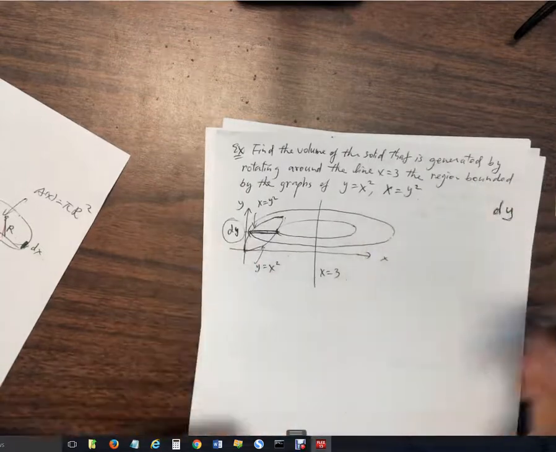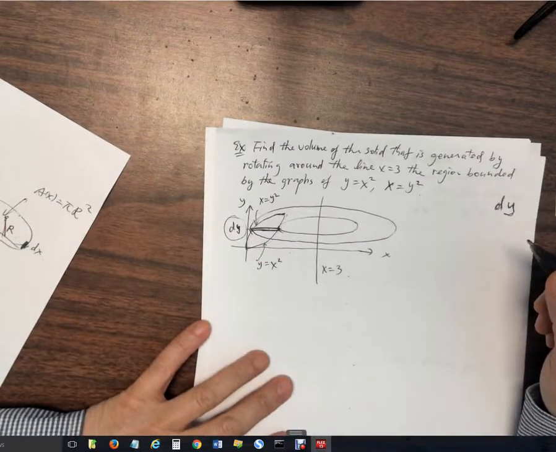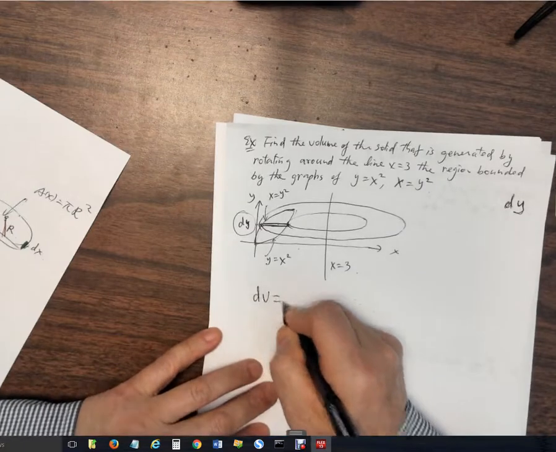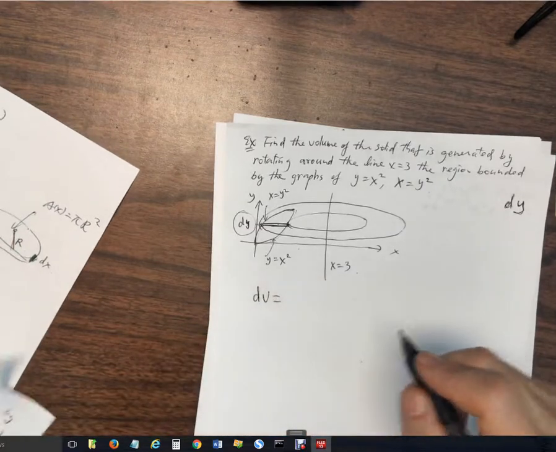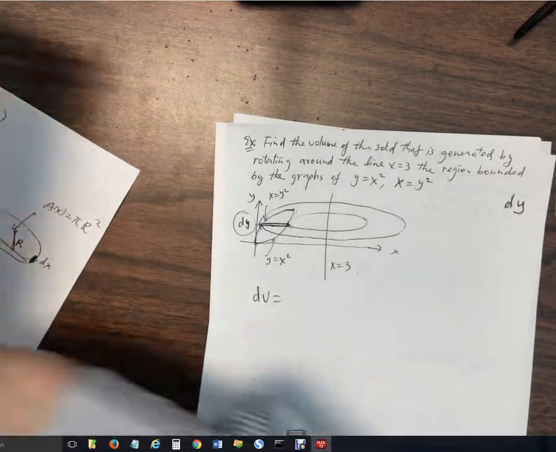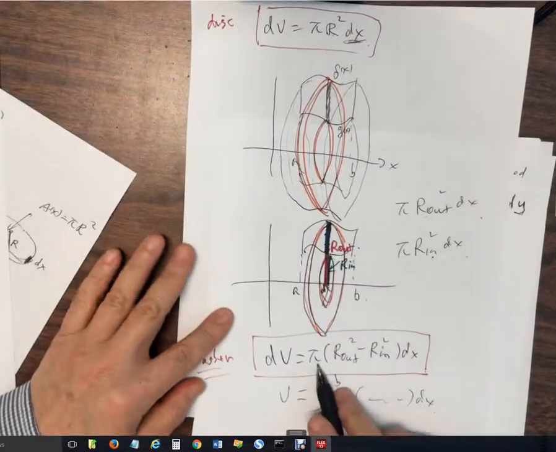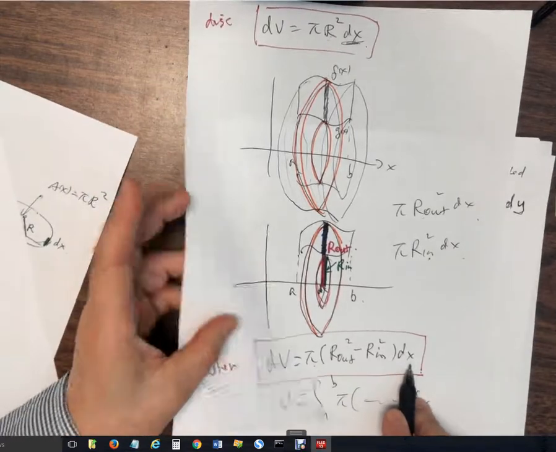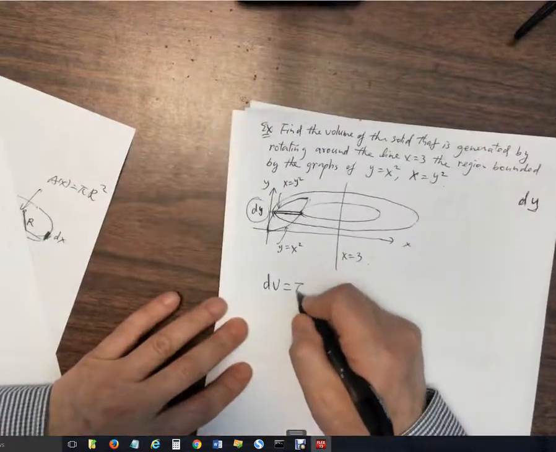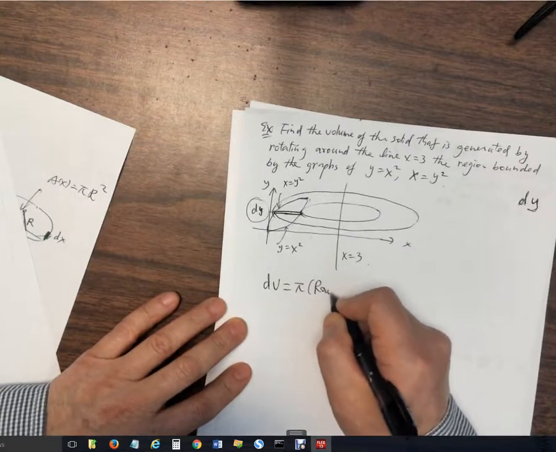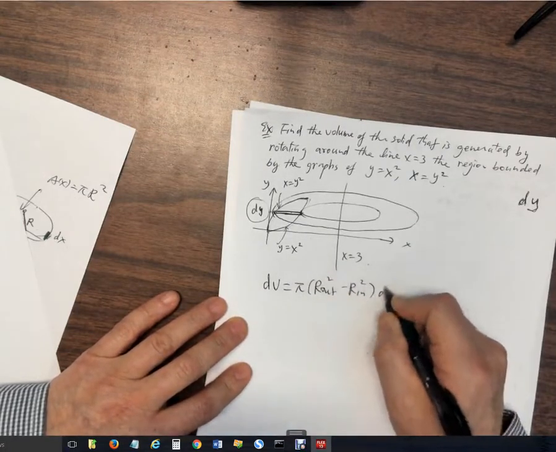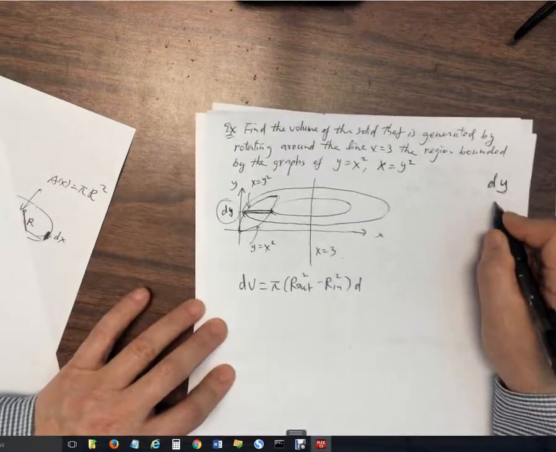So more or less we see a washer. Now the washer formula is pi times R out squared minus R in squared times the thickness. So you can write this as pi, R out, R in, dy here.